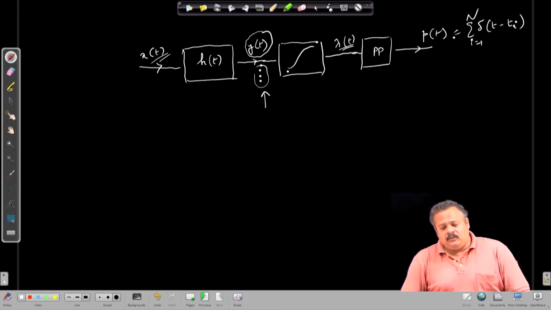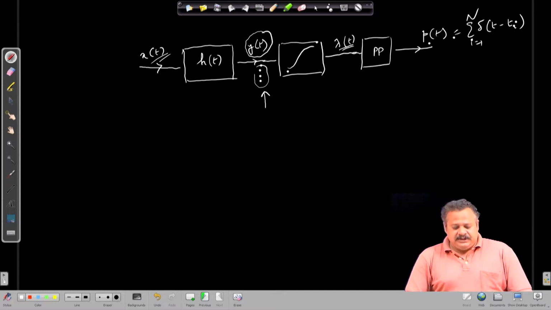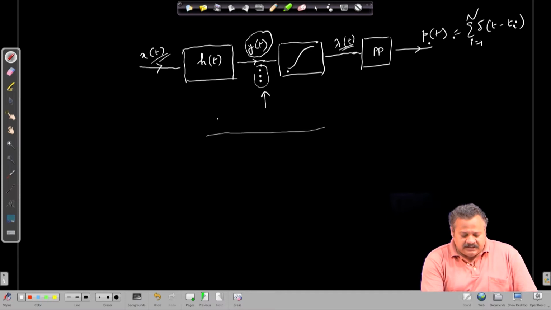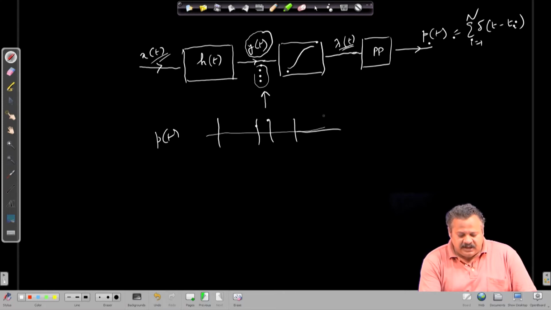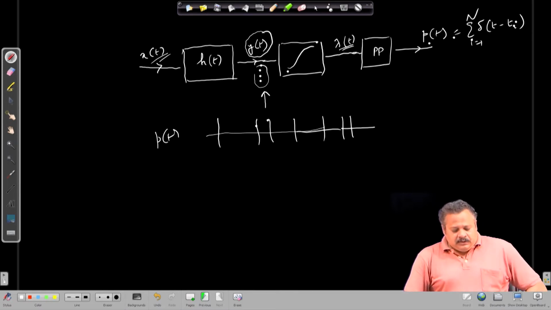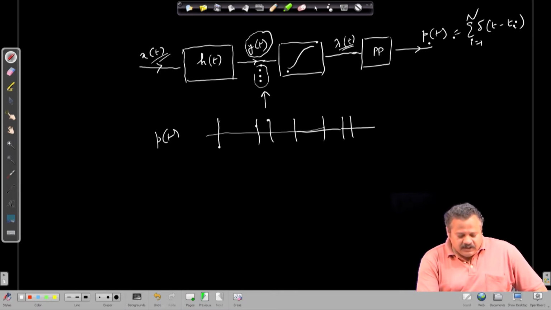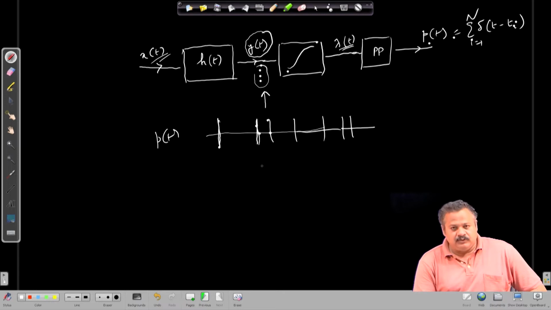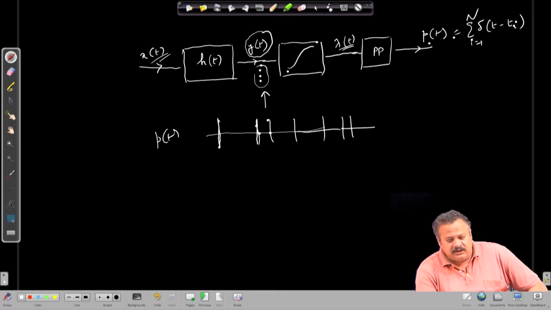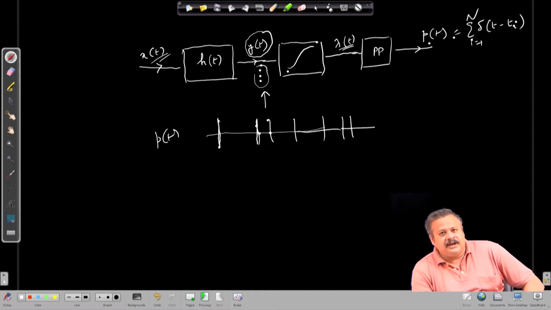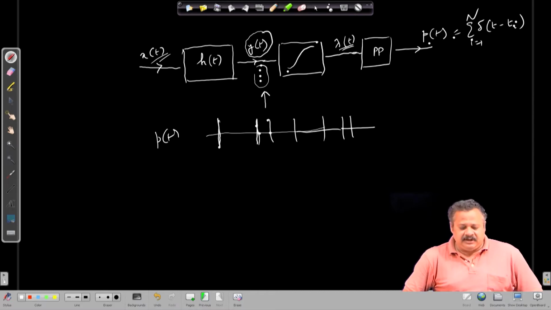So essentially what would be the short term phenomena? This our p t, which is the spike train that is occurring. Let us say this is p t, and we have spikes occurring at time points t i, varying over a number of values. So if we see here, whenever these spikes are close by, occurring close by, it would mean that the next spike would have a lower chance of occurring because of the synaptic depression, if it were synaptic depression.